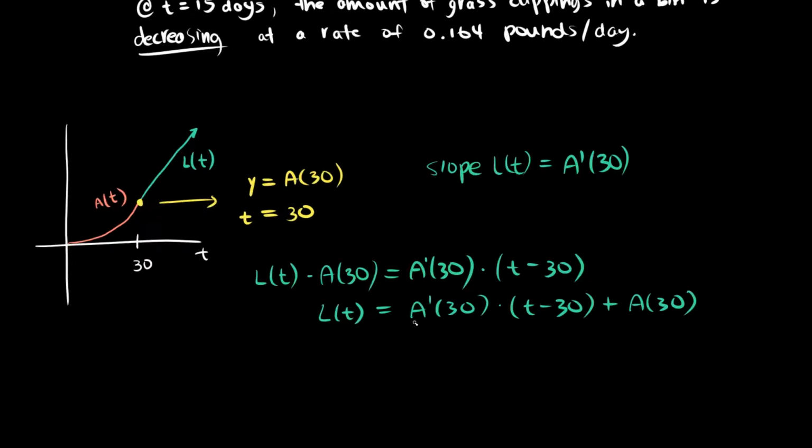Using our calculators, we can find that A prime of 30 is equal to negative 0.056 times the quantity t minus 30 plus A of 30, which is just 0.783. And all of this is equal to L of t.